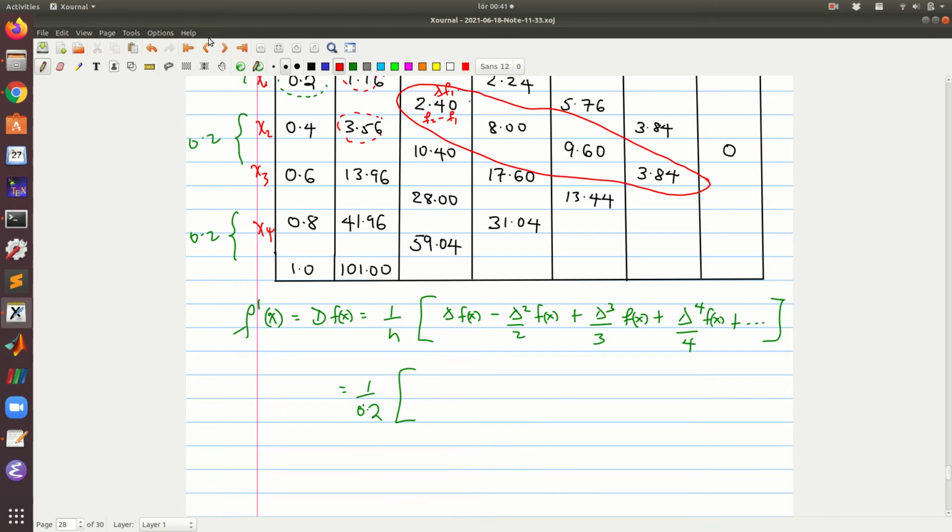So we have the first forward difference evaluated at that point x1, and then the second forward difference, which is 8.00 divided by 2, and then the next forward difference divided by 3, and then the fourth, divided by 4.